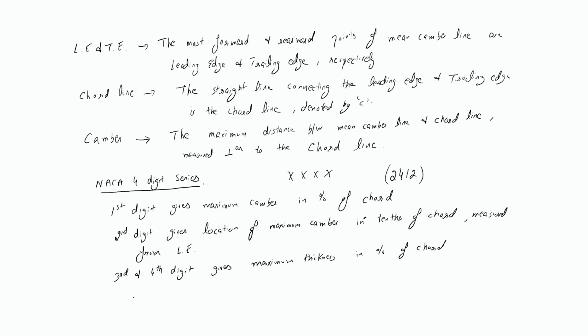Now coming to 2412. What does 2412 define? The first digit gives the maximum camber in percentage of chord. So the first digit is 2, that is 2% of chord, that is 0.02 C, which is actually located at this distance.